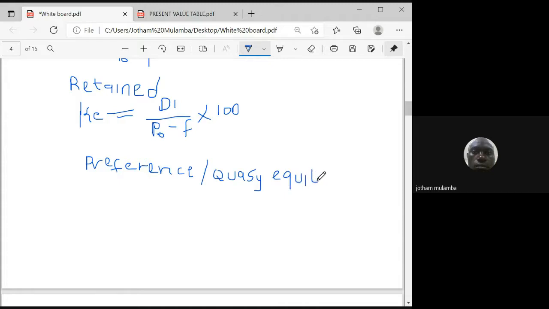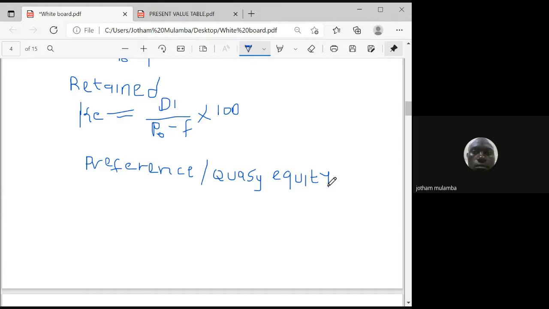Now, the quasi-equity are further subdivided into categories. These are preference shares. The difference between quasi-equity and ordinary shares is that ordinary shareholders form part owners, but preference shareholders are given some preferential treatment.